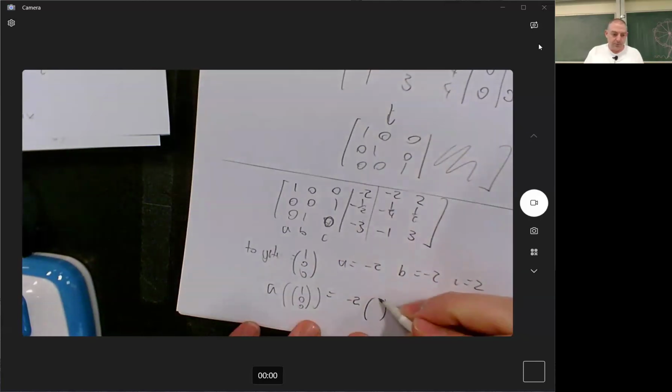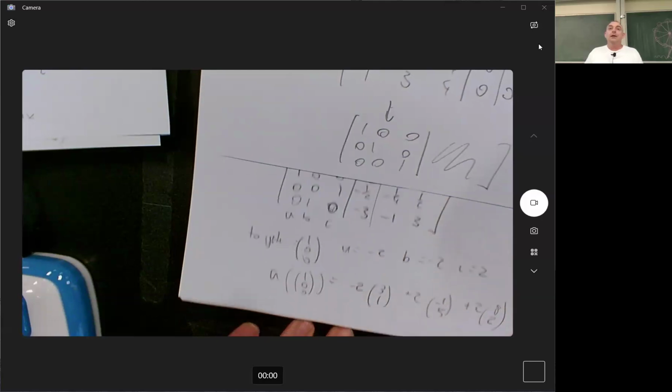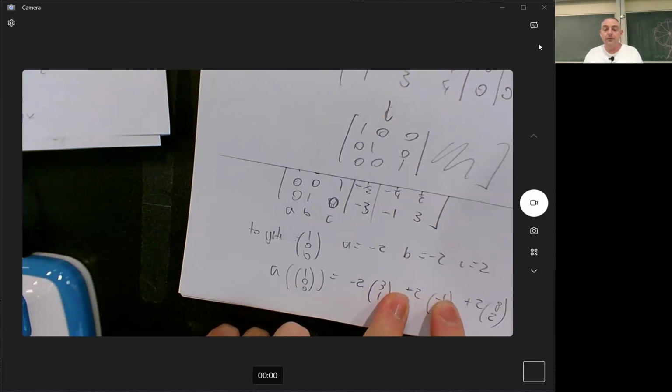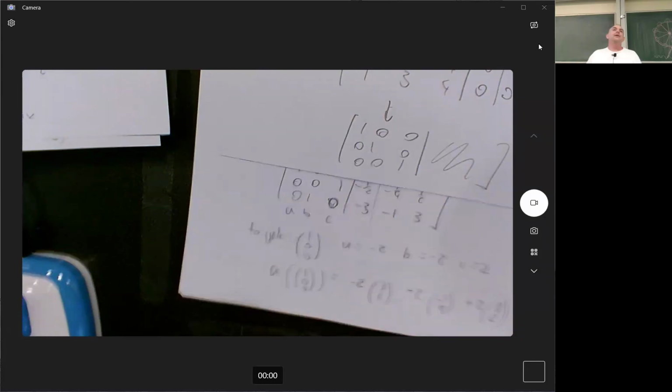And the original outputs were 3, 1, and -1, 5, and 8, 2. And so I get, fingers crossed I've done all this right, -6 plus 2 is -4. Plus 16 is wrong.